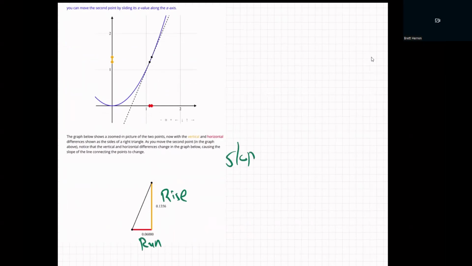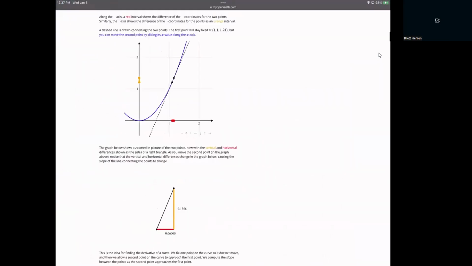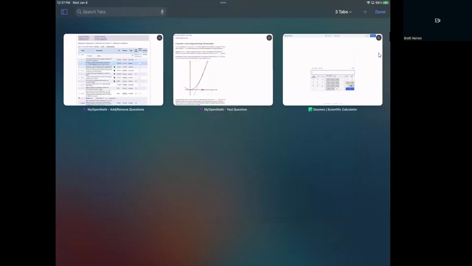And so the slope, see, these are the 2 points really close together. Slope is going to be the rise, 0.1356 over the run, 0.06. So 0.1356 over 0.06. Then let's go to Desmos, right? Do I have Desmos open? Yeah, I do have Desmos open.